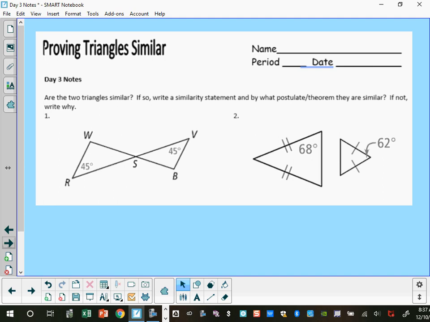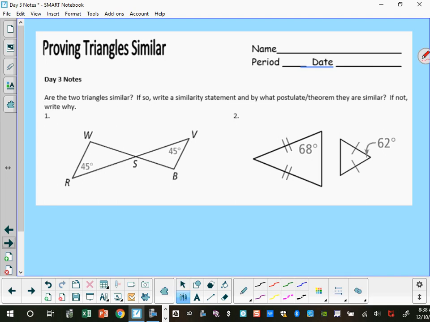Alright, let's see here. Alright, so we are going to practice our similarity statements. I have three ways to prove triangles similar. What are they?